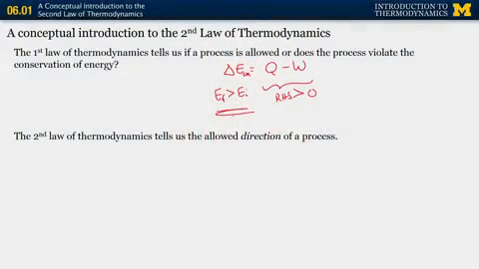The catch is, the conservation of energy doesn't tell you that the only appropriate direction for that process is to have the air come out of the balloon, right? We can set up all the numbers, we can do all the analysis, and it's all going to tell us the air can come into the balloon or out of the balloon. But we know intuitively, air is not going to spontaneously go into the balloon and then have the balloon end at some higher pressure. So that's where the second law comes in. The second law tells us the allowed direction of a process.